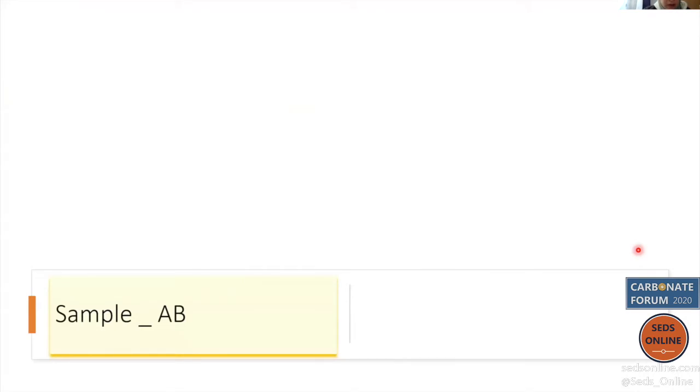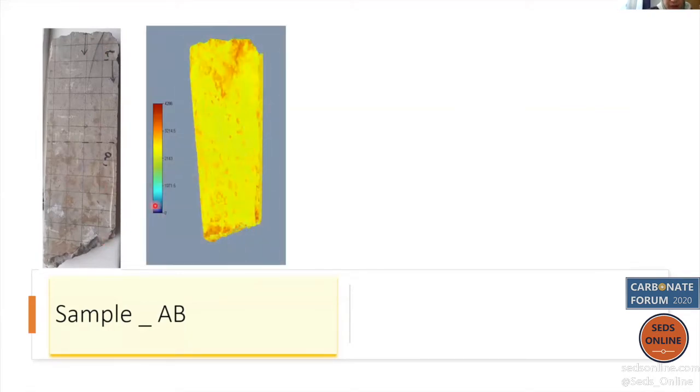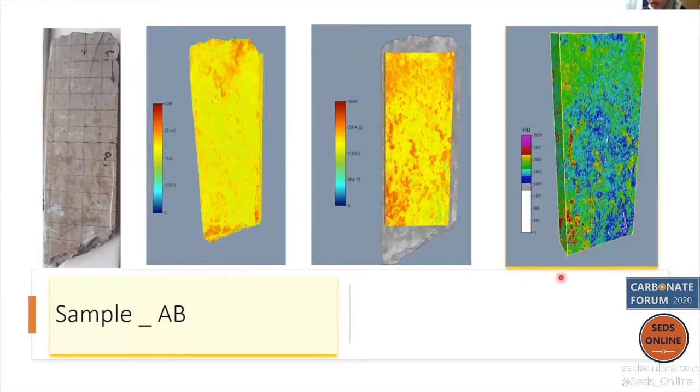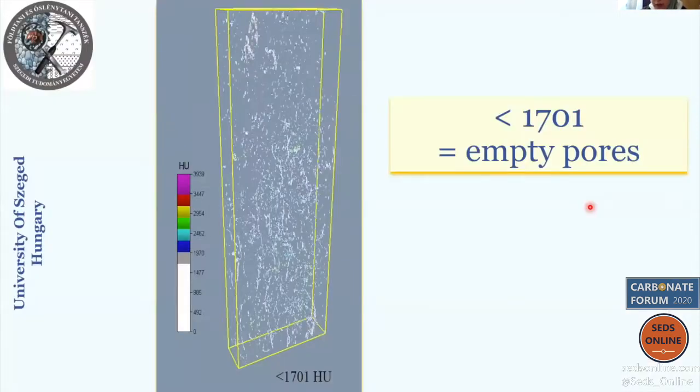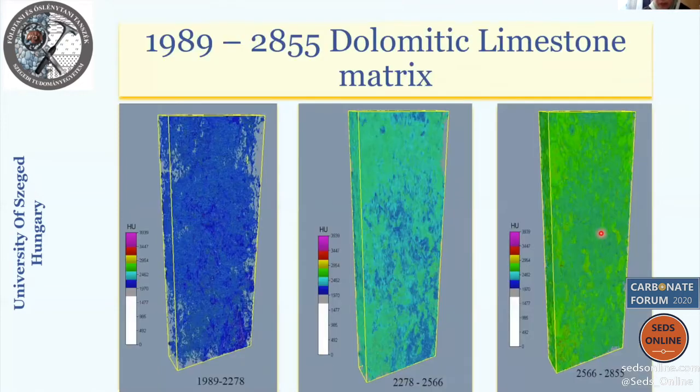So far, this is my first sample, the AP sample, and after CT it appears like this. I use a subset and try to analyze it. After getting this result, I classified it into five main groups. The first is related to the empty pores, and the second to the empty pores filled with calcium.